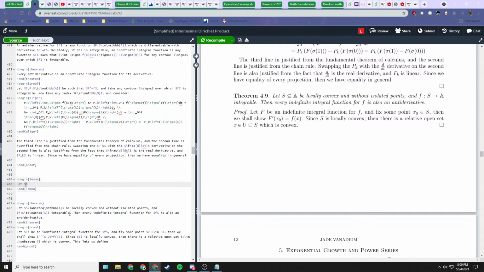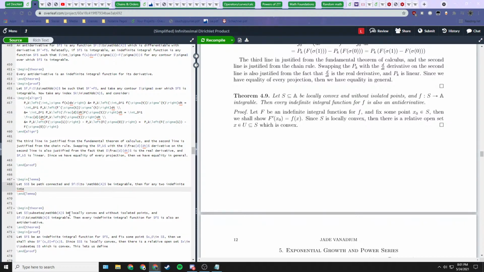Let S be path connected and f mapping S to A be integrable, and then any two indefinite integral functions F1, F2 for f, the difference F1 minus F2 is constant.